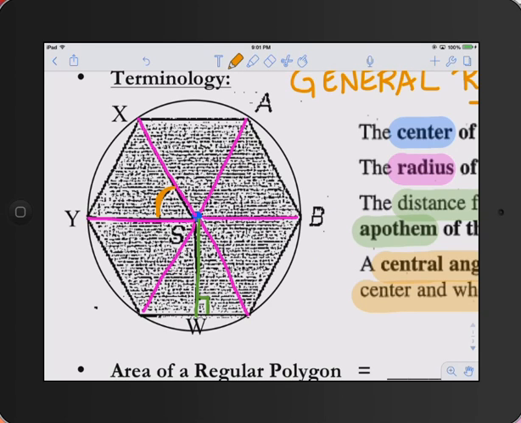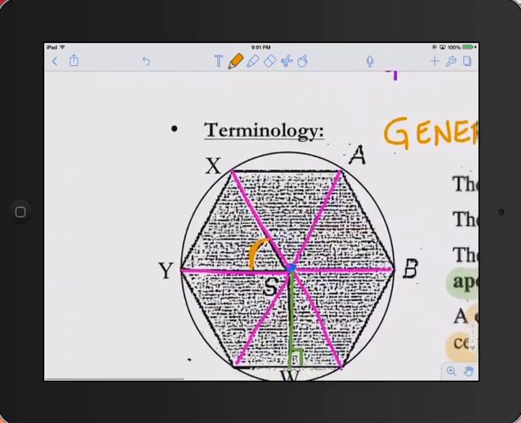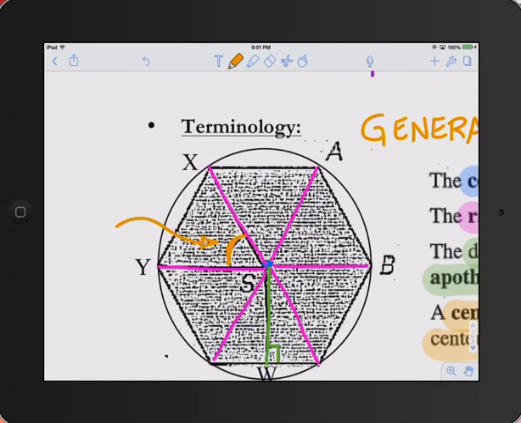Now, if you wanted to figure out the measure of that central angle, well, for this polygon, it would be 360 divided by what? If there are 6 congruent triangles, those central angles would all be congruent, so that would be 360 divided by 6. Now, in a generic regular polygon, it would be 360 divided by however many central angles there are, and that's the same as the number of sides.